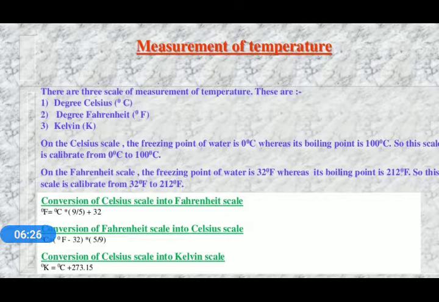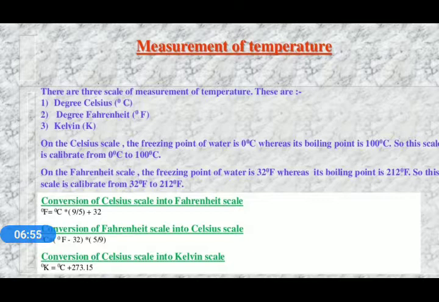On the Celsius scale, the freezing point of water is 0 degrees Celsius, whereas its boiling point is 100 degrees Celsius. So this scale is calibrated from 0 degrees Celsius to 100 degrees Celsius. It means that the Celsius scale always works between the freezing point of water and the boiling point of water.